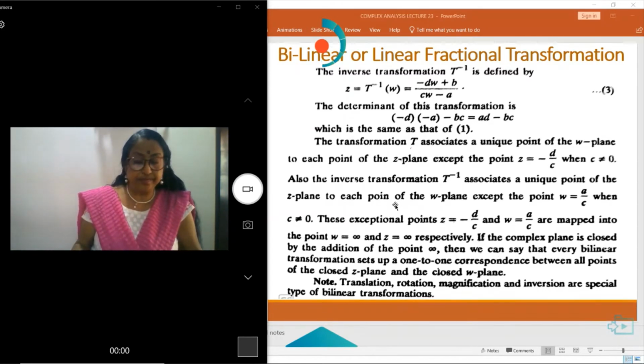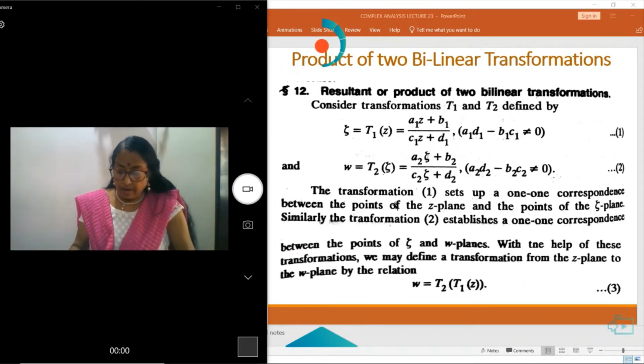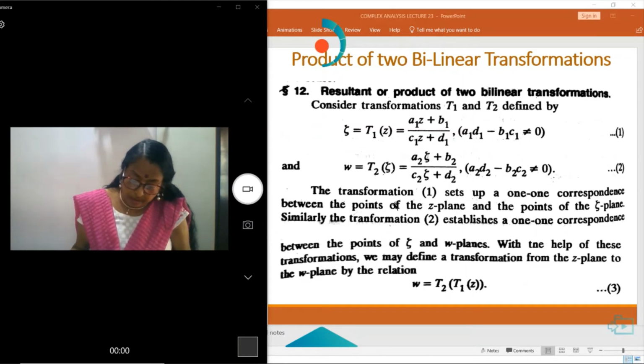Now, the resultant or product of two bilinear transformations. Consider the transformations tau 1 and tau 2 defined by zeta is equal to tau 1 z, which is equal to a1z plus b1 divided by c1z plus d1, where a1 d1 minus b1 c1 should not be equal to 0.